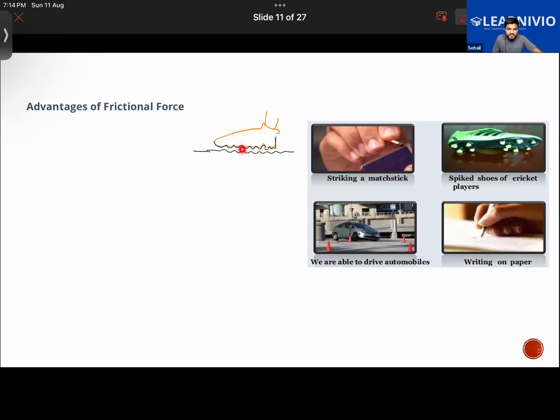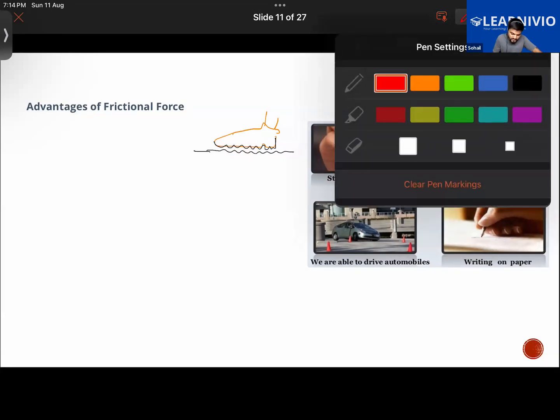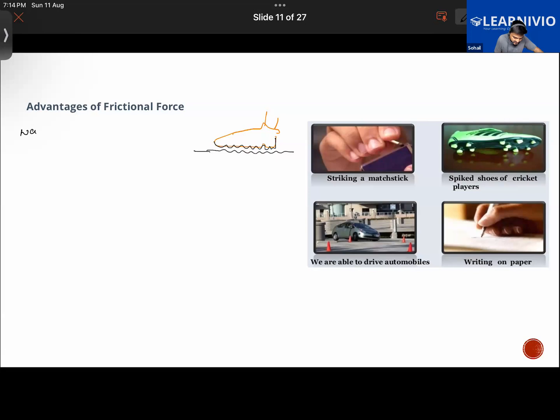Might have happened with some of you. So the friction is necessary. That is one advantage of friction. The very first advantage of friction is that it is necessary for us to walk. Some of you mentioned that in order to draw something, you won't be able to write if there were no friction. So that can also be taken as one such advantage.